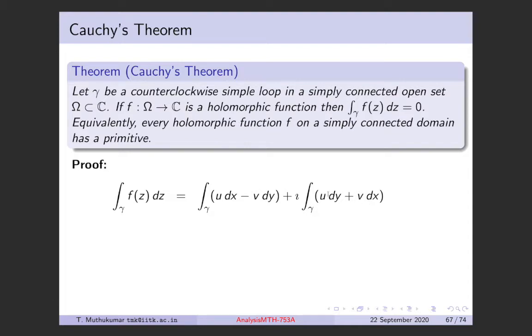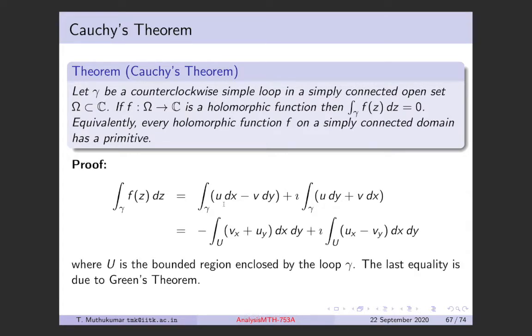And this is nothing but the result of Green's theorem. Green's theorem tells you that this line integral is equal to this double integral. So you apply Green's theorem for this, you get this. You apply Green's theorem for this, you get this. Green's theorem is a statement in two dimensions.